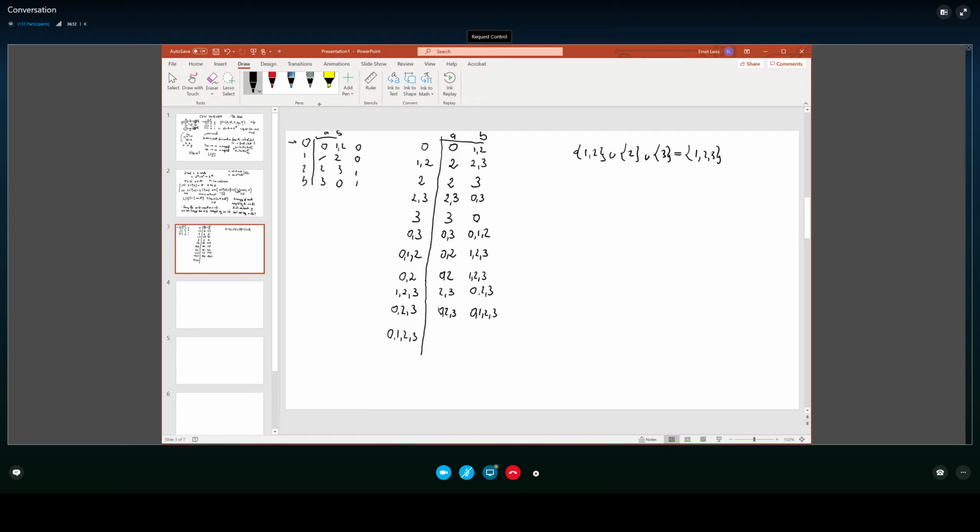Given that in this case we have 4 states, the number of subsets of a set with 4 states is only 16. And that means that in the worst case, we can get 16 states, 16 entries, 16 lines in this diagram, but no more than that.